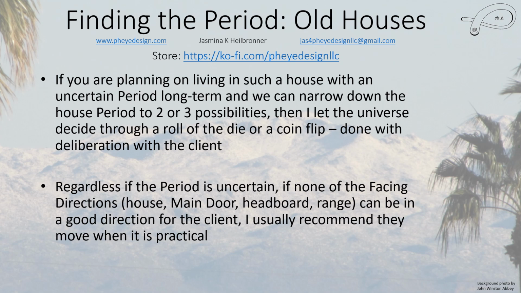Now, regardless of whether the period is uncertain or not, consider the house facing direction, the main door facing, the main door sector, the headboard facing, because sometimes you don't have much choice in certain rooms, and the range facing, and its location is also important. If none of these can be in a good direction for the client, not a single one, then I usually recommend they move whenever it's practical.